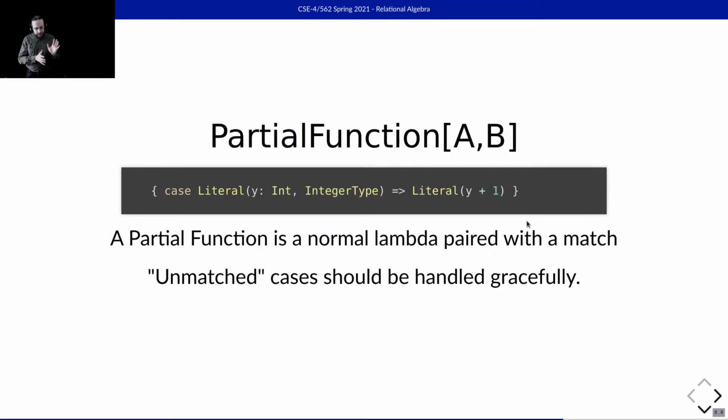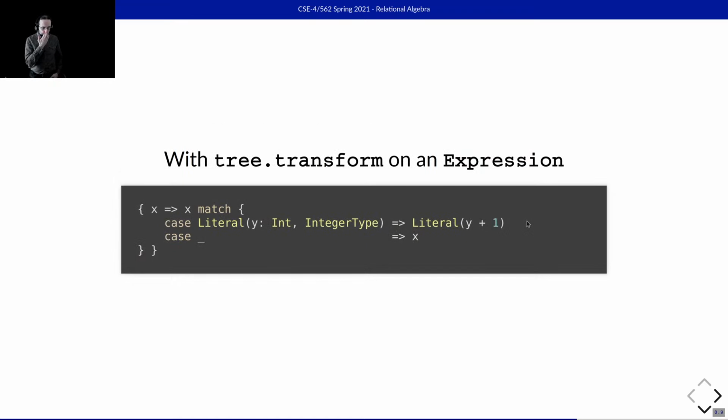So you're essentially taking the input and then immediately matching it. And the reason it is a partial function and not a full function is that there's an expectation that you're not covering every single case. And so the unmatched cases should be handled gracefully by whatever you're passing in.